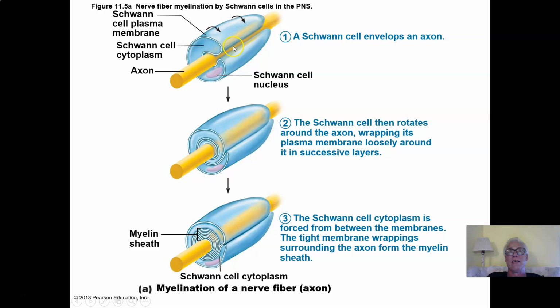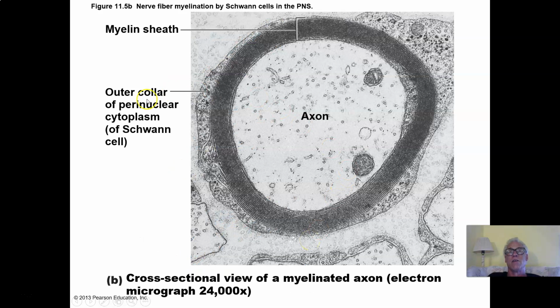This Schwann cell lives right here, and as it goes through the process of development, it starts synthesizing cell membrane, and it just wraps the cytoplasm and nucleus, you can see here in this thicker part, it just starts to wrap around and around this axon, producing layer upon layer upon layer of myelin sheath. And that's how it insulates, produces many, many layers of phospholipid bilayer there. And here's a beautiful electron micrograph of the myelin sheath on a great big axon in the peripheral nervous system. Pretty cool.